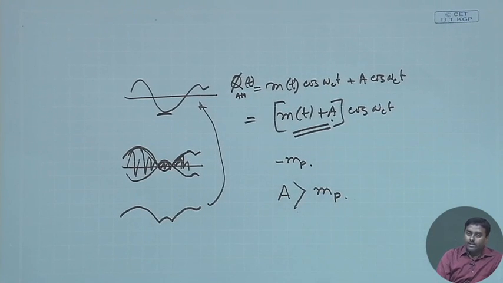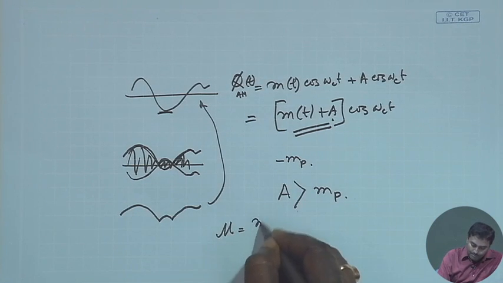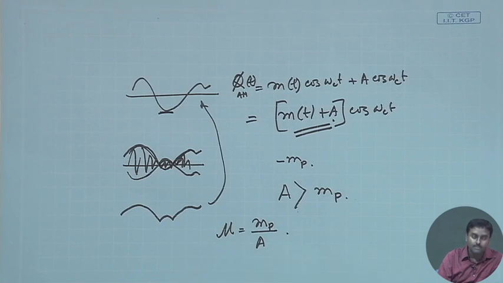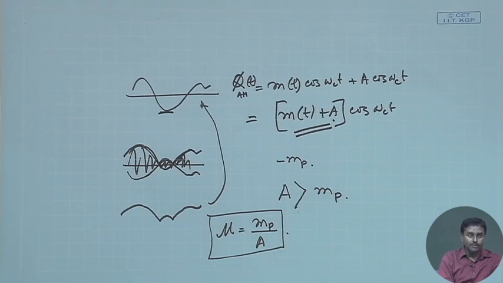In that aspect we define a term called modulation index, mu, which is M_p divided by A, where M_p is the lowest value of my message signal. Or you can write that as M_min, whichever is good for you. But anyway, this is the modulation index that has been defined.